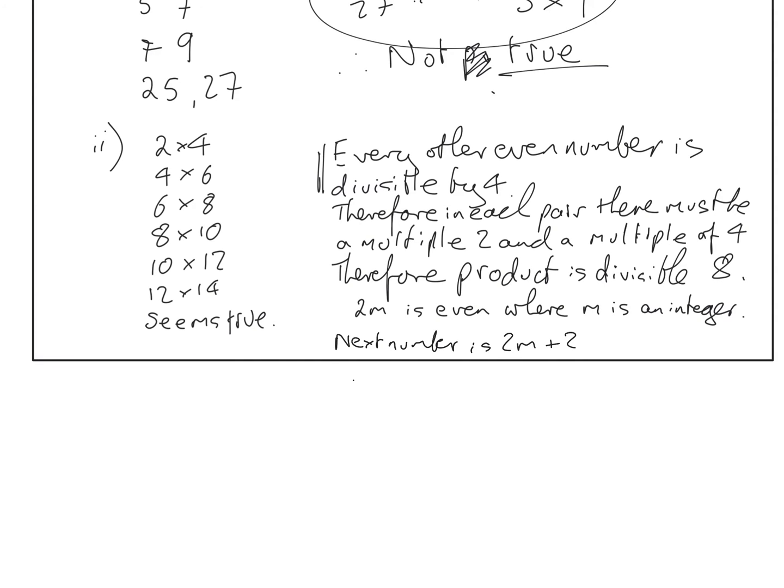The product is 2m times (2m plus 2), which is 4m(m plus 1). What can you say about either m or m plus 1?